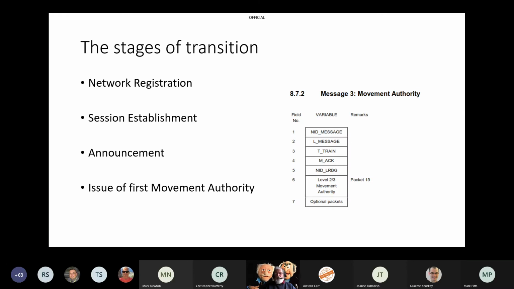When the transition occurs, the train has got to have a movement authority. So normally we issue the movement authority before the train gets to the transition border, and we'd use message 3, the movement authority message, to do that. And quite often that is combined with sending the announcement over the Euroradio.